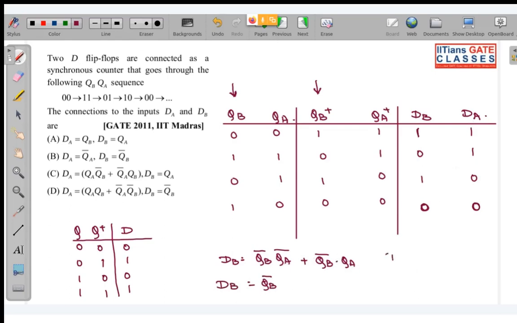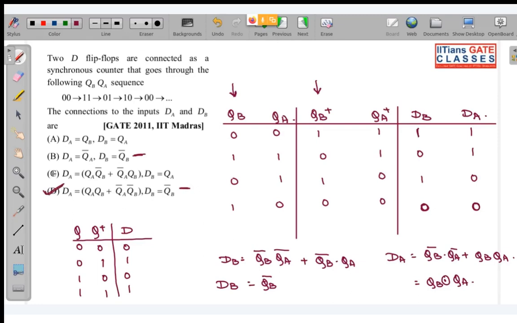Similarly for DA, DA is equal to QB complement dot QA complement plus, for this one, QB QA. So this is QB XNOR with QA. So which option do you see? DB is equal to QB complement, and DA is equal to this one. So option D is your correct answer.